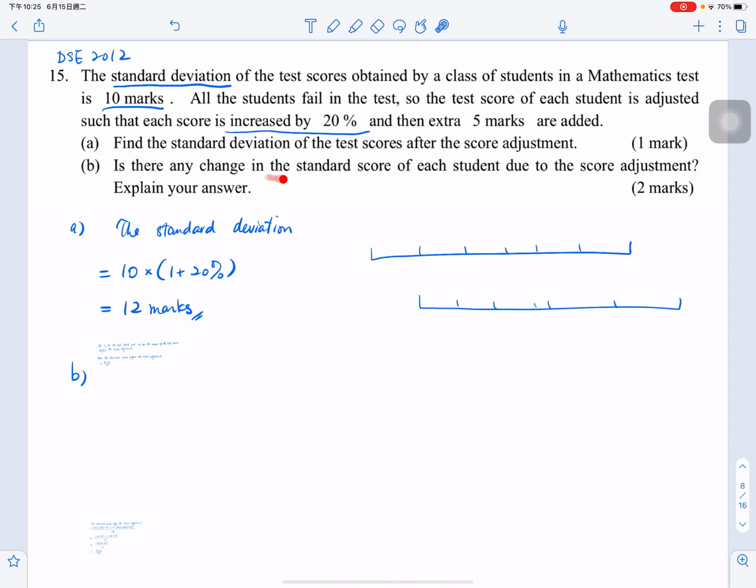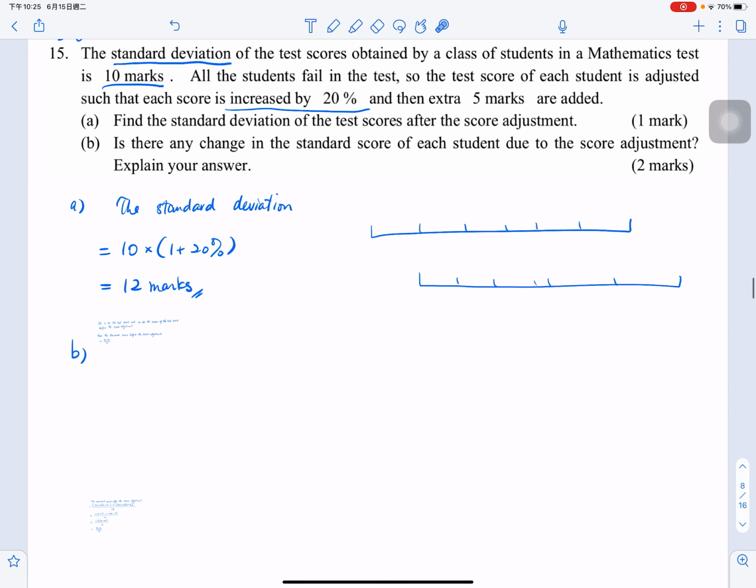Part B. Is there any change in standard score of each student due to the score adjustment? Explain your answer. Okay, so let's see.